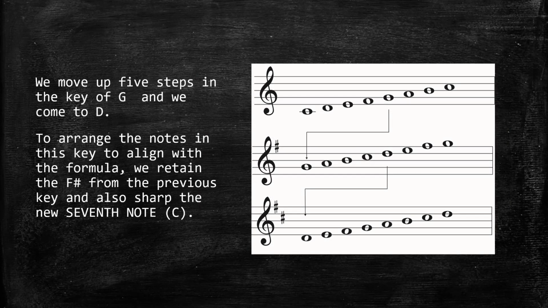We move up 5 steps in the key of G and we come to D. To arrange the notes in this key to align with the formula, we retain the F sharp from the previous key and also sharp the new 7th note, which in this case is C.